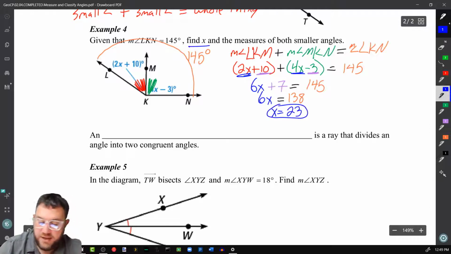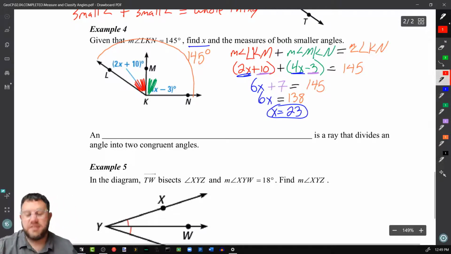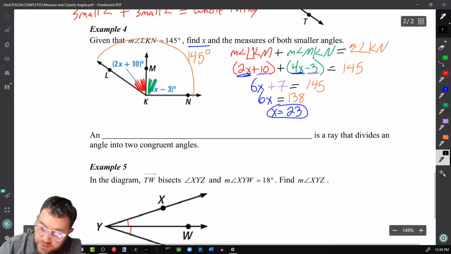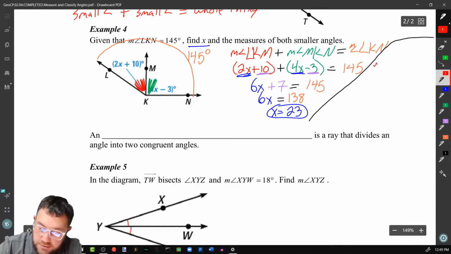So this tells us find x. So we found x. It also tells us to find both of the smaller angles. So to do that, we're going to plug x back in. Let me section this off. So for our red angle, the measure of angle LKM equals 2 times 23 plus 10.